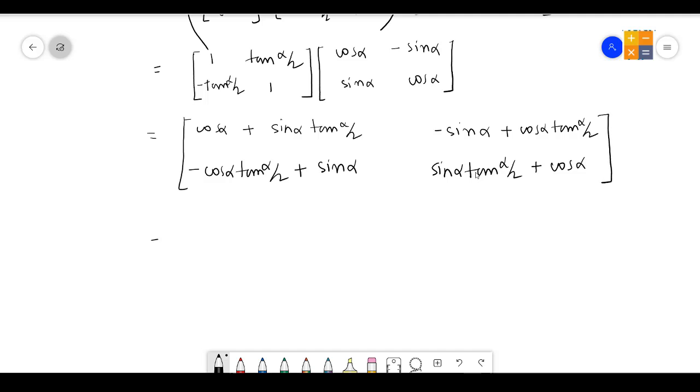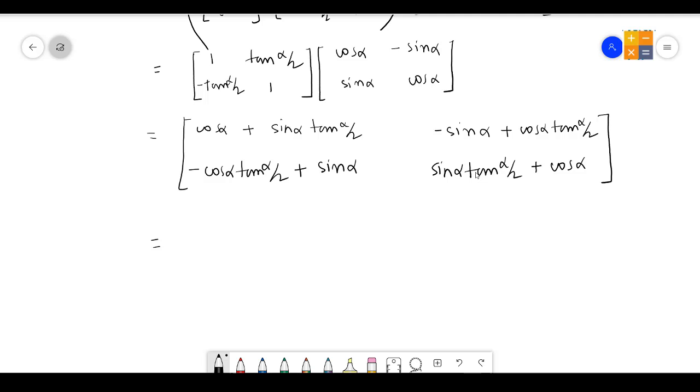So here in this case, we can apply two techniques. Either we simplify this to the form sin alpha by 2 by cos alpha by 2, or we can replace all the cos alpha and sin alpha terms in terms of tan alpha by 2.